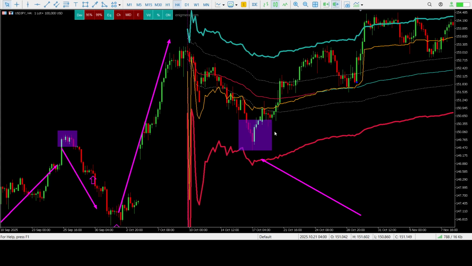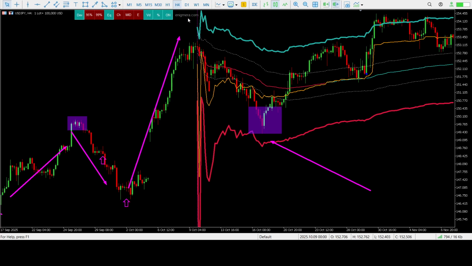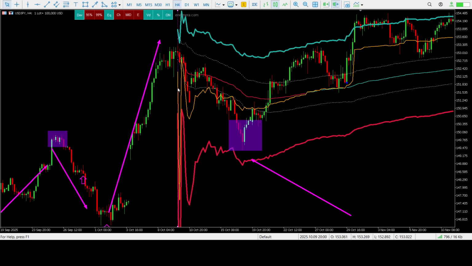This is where we must look for our targets, where we must check to collect what we already earned. The market reached this place, and after that proceeded further up.